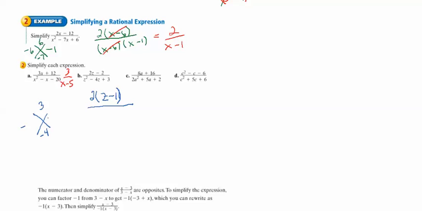I know they're both going to be negative, and one's going to be 3 and one's going to be negative 1. So I have z minus 3 and then z minus 1. Okay, at this point I can cancel those two quantities, and for my answer I have 2 over z minus 3. And that's my answer for this one.